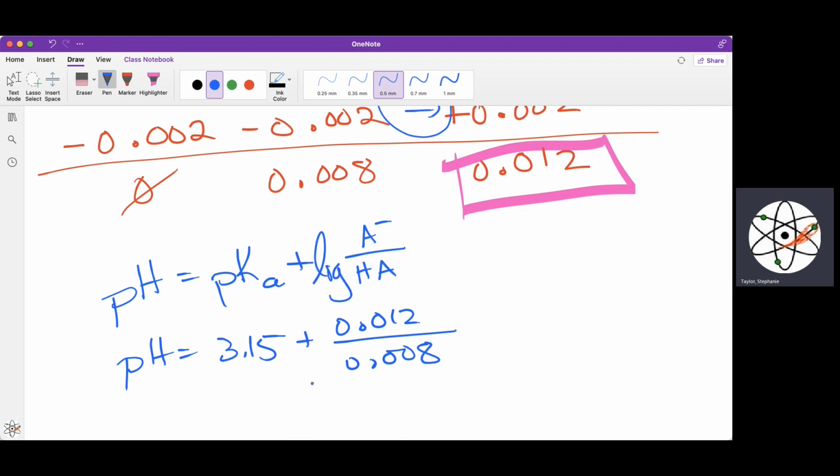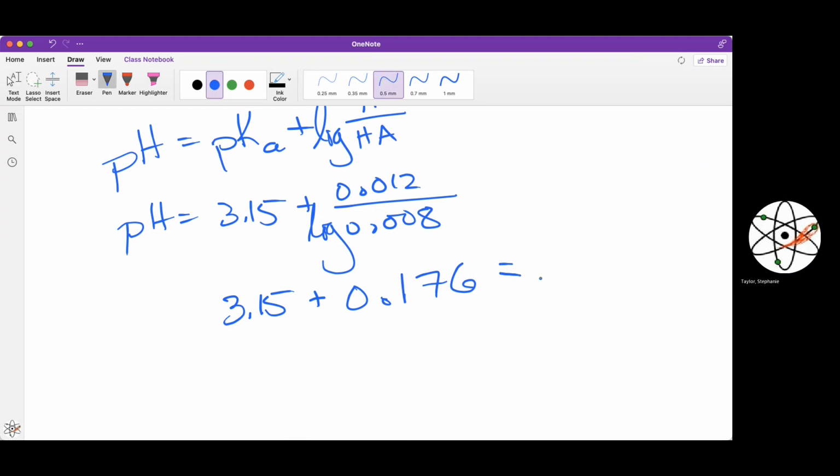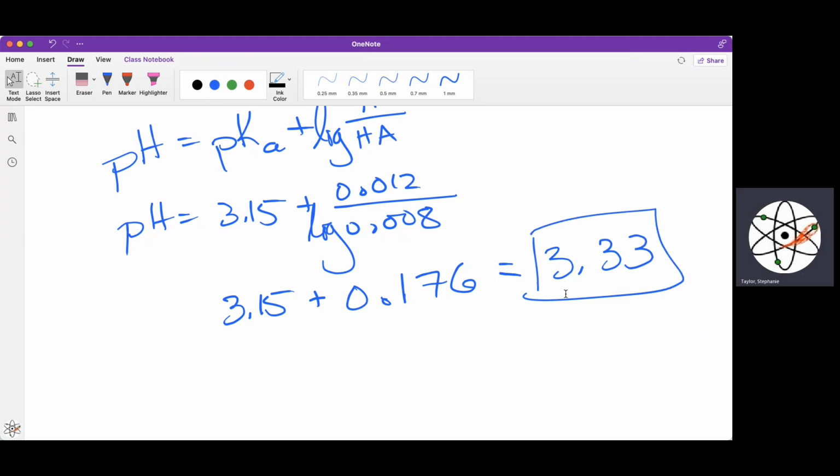Don't forget the log. So I get 3.15 plus 0.176. My pH is equal to 3.33, rounded.